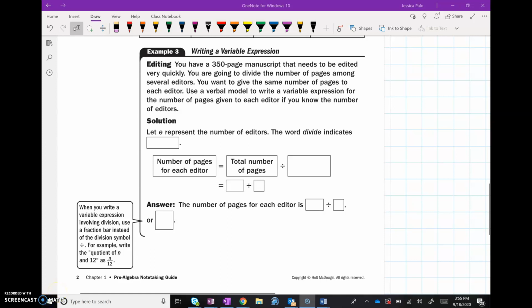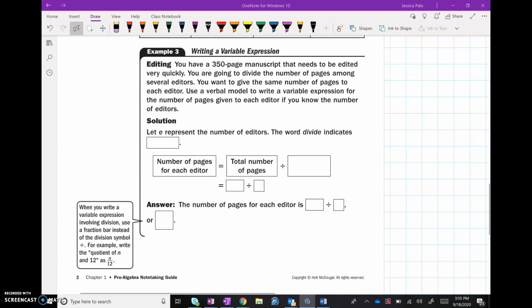This situation says that you have a 350-page manuscript that needs to be edited very quickly. You are going to divide the number of pages among several editors. You want to give the same number of pages to each editor, so use a verbal model to write a variable expression for the number of pages given to each editor if you know the number of editors.